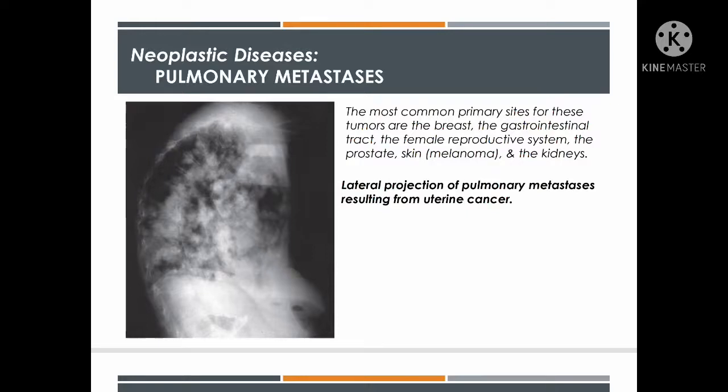The most common primary sites for these tumors are the breast, the gastrointestinal tract, the female reproductive system, the prostate, skin, and the kidneys. As you can see on the radiograph, that is the lateral projection of the pulmonary metastasis resulting from uterine cancer, showing a cotton ball appearance.